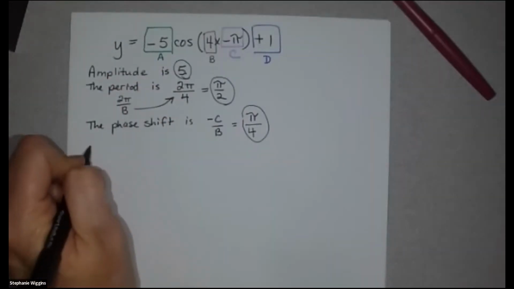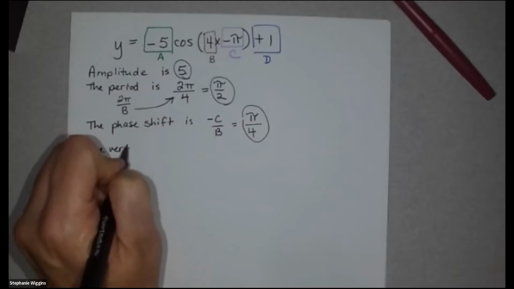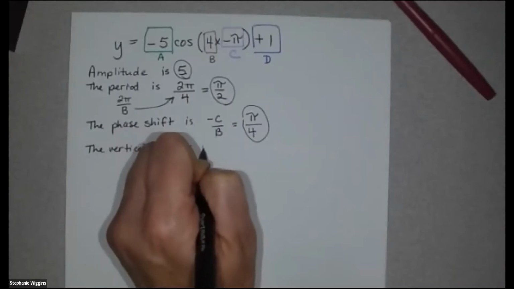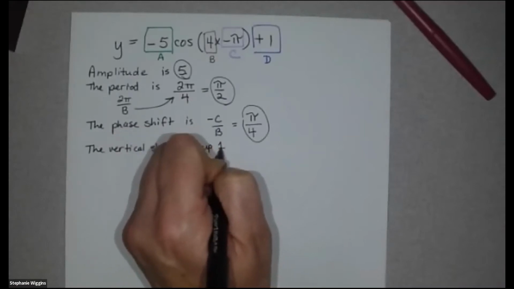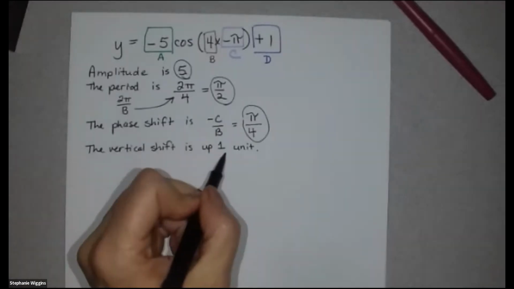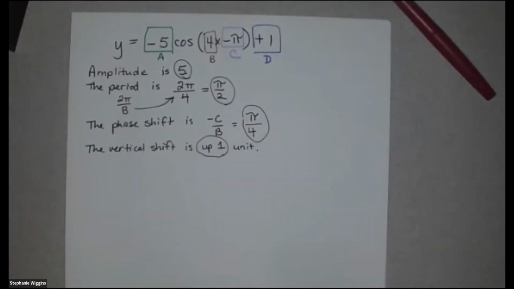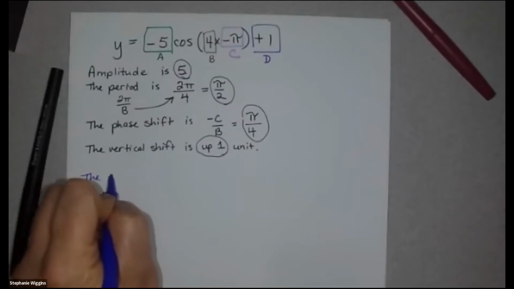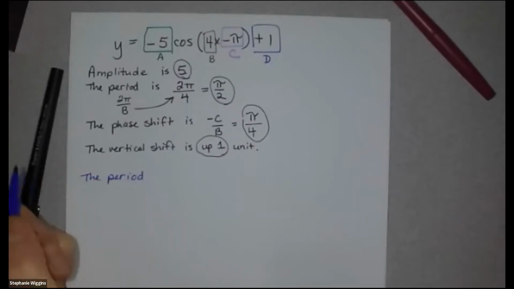And finally, the vertical shift is up 1 unit. Okay, so those 4 properties help us understand the graph of our trig functions. In this case, it's cosine. By the way, just to remind you, the period for each of our trig functions.